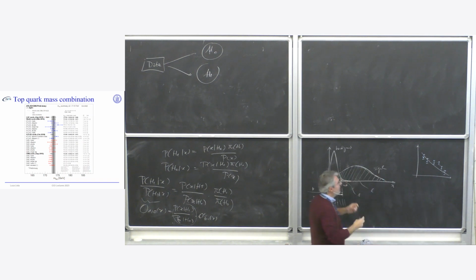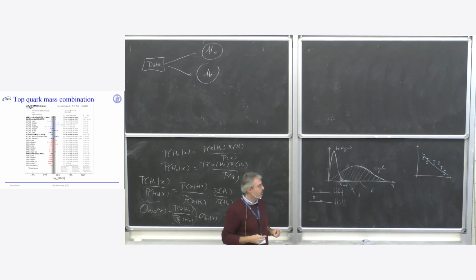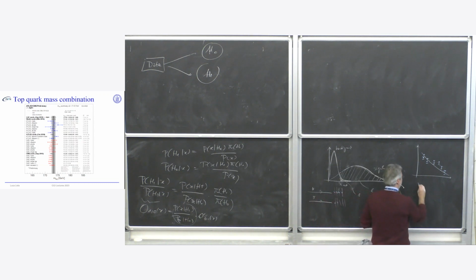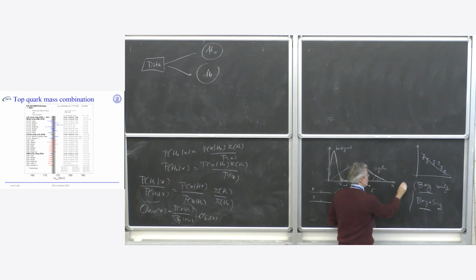Now, I can construct some observable, and we will discuss how to do it. The two hypotheses could be background only, or background plus signal. This may be H0, and this may be H1.